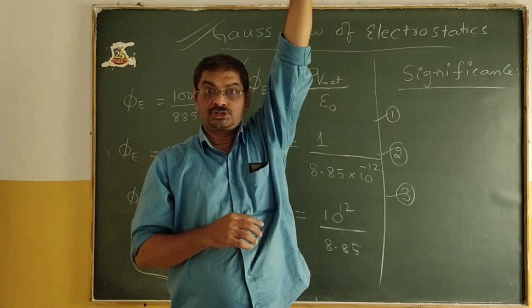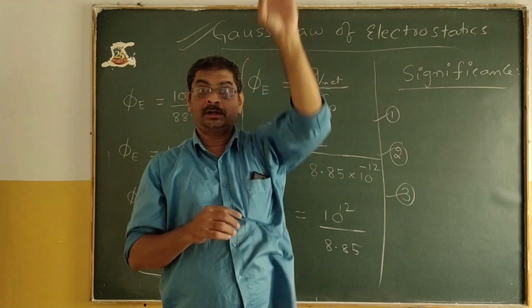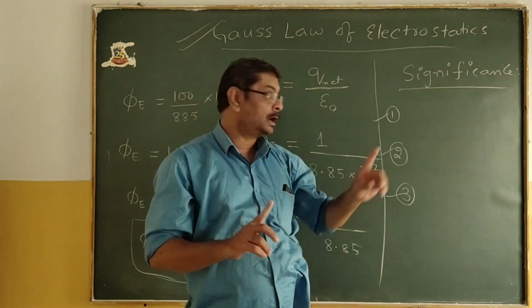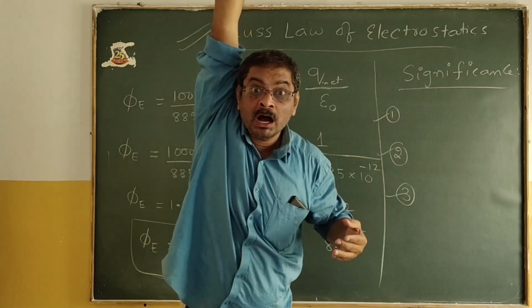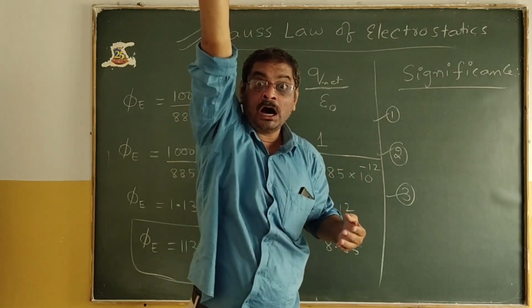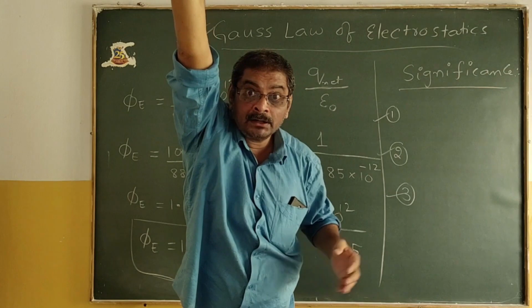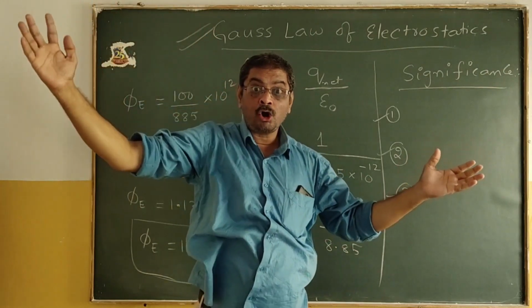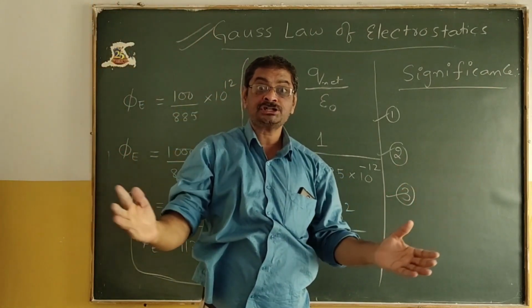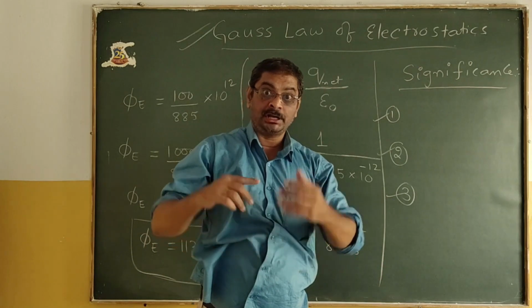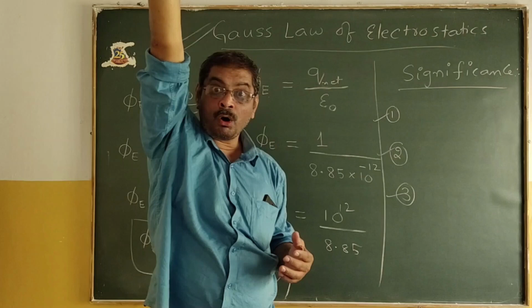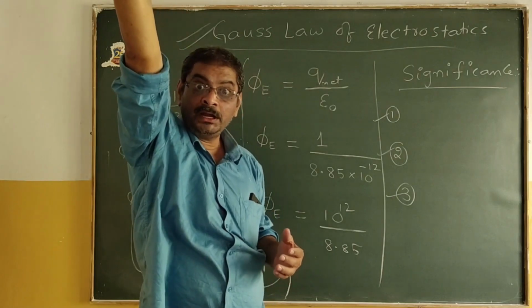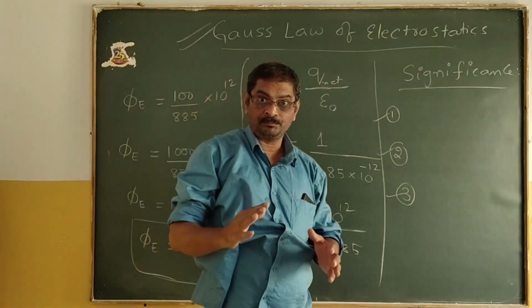Once again, remember the importance of the Gauss law. First, whenever the net charge enclosed by the Gaussian surface is positive, the electric flux will always be radially outward.